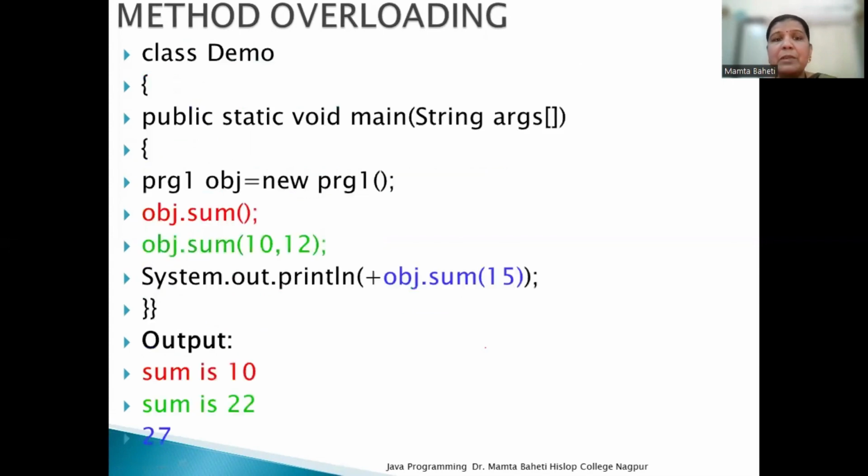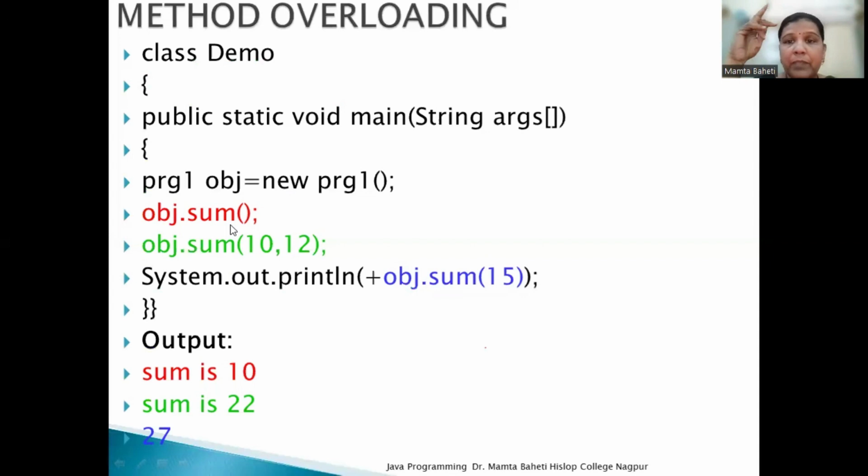So likewise, sum is having three existences. Now which sum will be called when? In void main, if I'm writing object dot sum, then the matching will be done with the prototype. A method having no return value, that is, it is having the return type as void and no parameters. The second one is not returning any value, void it is, and it is having two parameters.